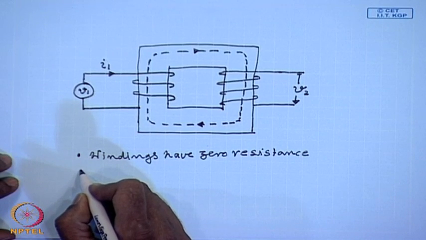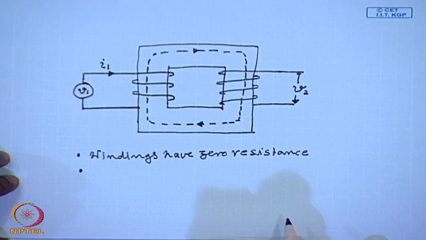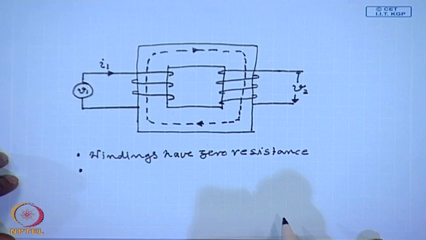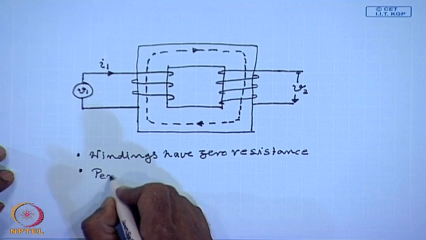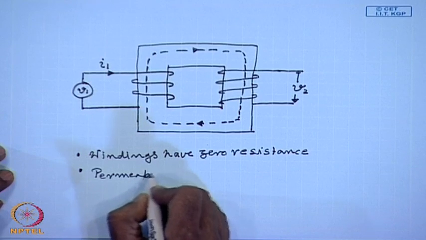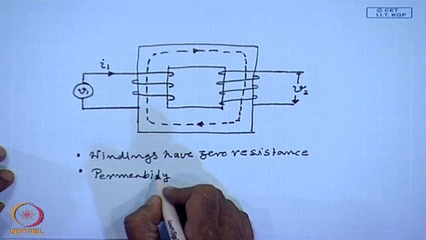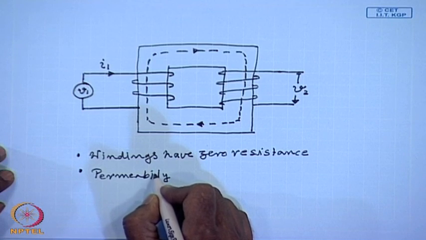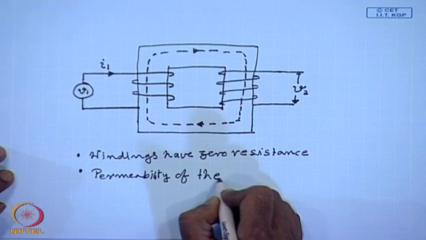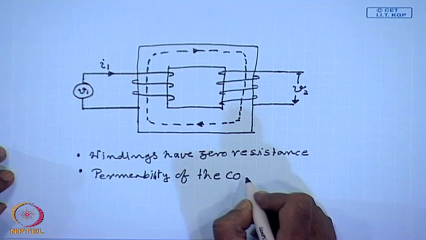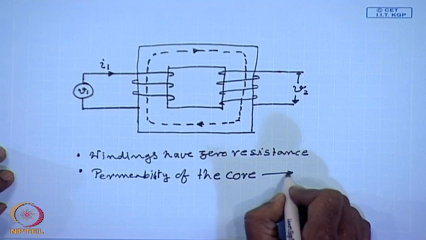The second assumption is regarding the core. We assume that the permeability of the core tends to infinity.